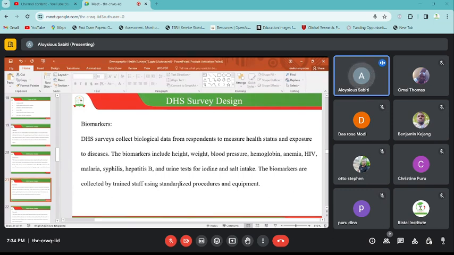So the advantage of the demographic health survey is that this is actually where the demographic health surveys are very important in trying to understand the population, because they go further, unlike population censuses, they go further to understand scientifically and biologically.